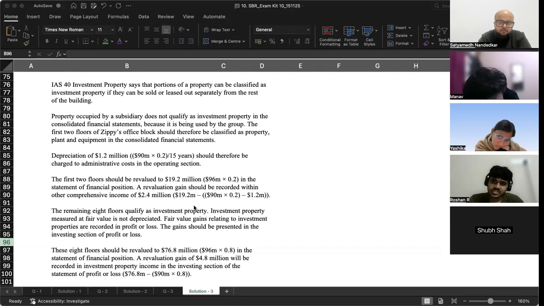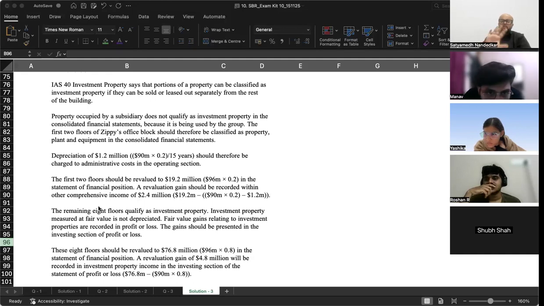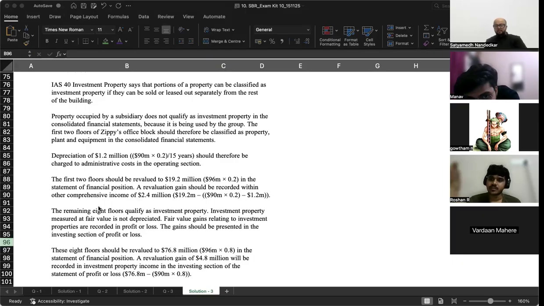In the individual financial statements, it would be treated as investment property, and for investment properties there won't be a depreciation charge. Should we have to calculate depreciation? No. Why would you want to calculate that? Because my profit in the consolidated statements would be understated by the depreciation for one floor, right?